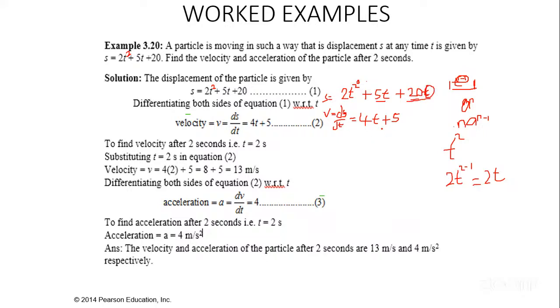So my v is equal to 4t plus 5, and I'm given that t is equal to 2 seconds. So anywhere you find t, you substitute. For v, 4 into 2, you replace t with 2 seconds, plus 5.